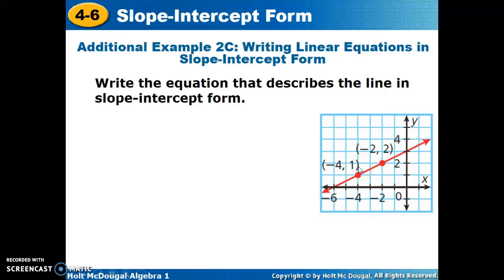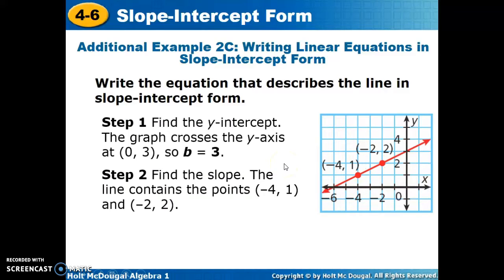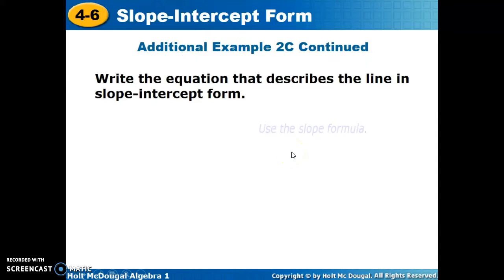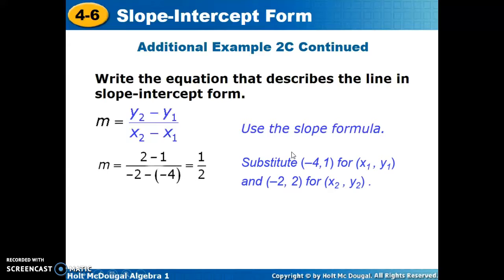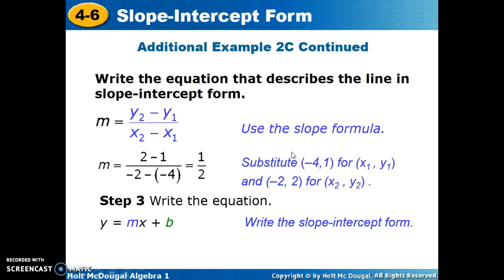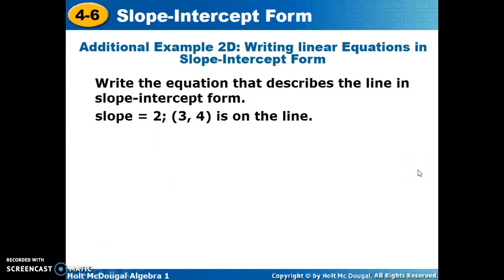We have a rise of 1 and a run of 2, and we can see that, simply put, we get a slope of 1/2, and our value for b is 3, so y equals 1/2 x plus 3. Take time, get this down into your notes, and understand the steps.